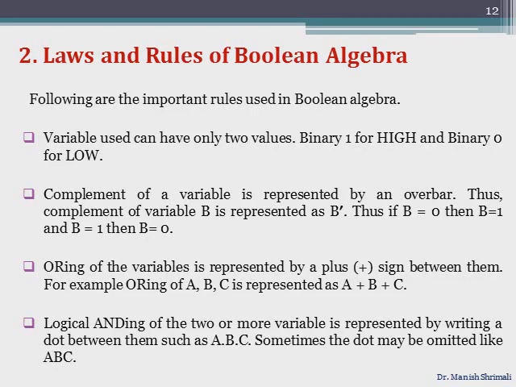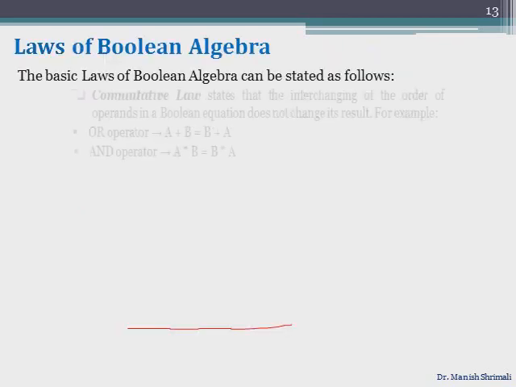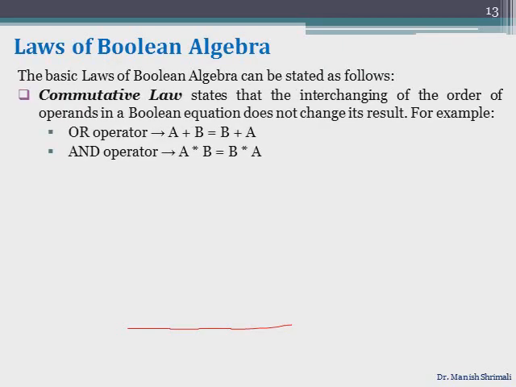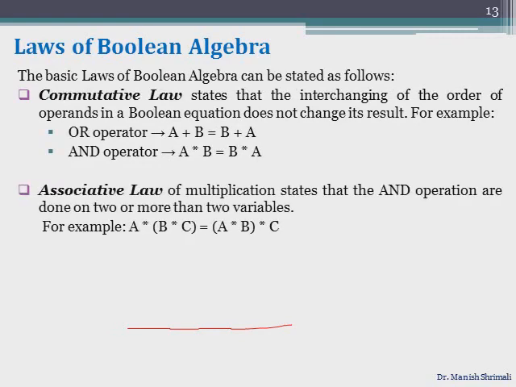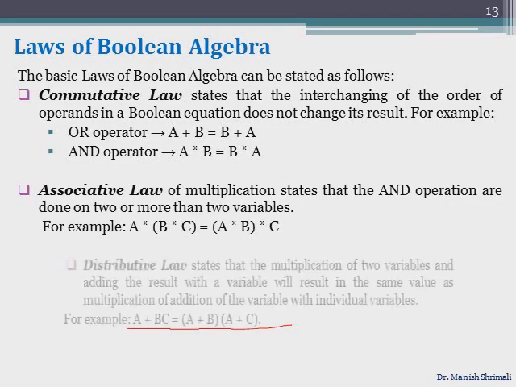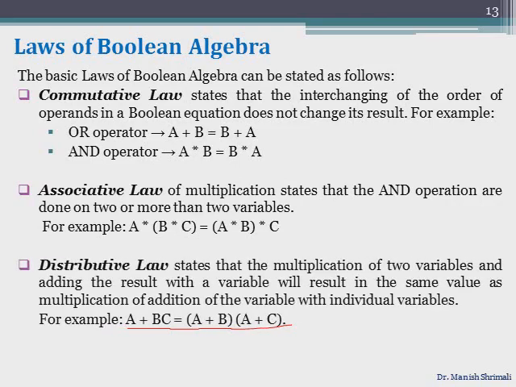So next, the laws of Boolean algebra. This is a very important topic, and the laws are stated as follows. First we have the commutative law, which says that interchanging the order of operands in a Boolean equation does not change its result.